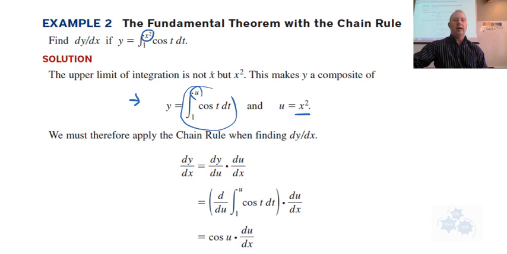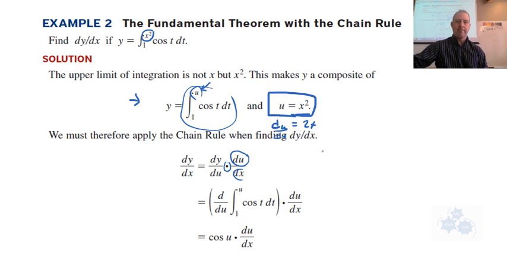And so dy with respect to u looks a certain way, but we don't want dy du. We want dy dx. So that's when we have to multiply by the derivative of u with respect to x. So that's where we take the derivative of u over here, so du, right? Derivative of u with respect to x, dx is going to be 2x. So that's got to come into play.